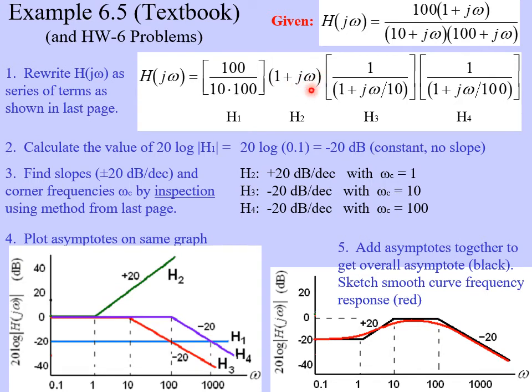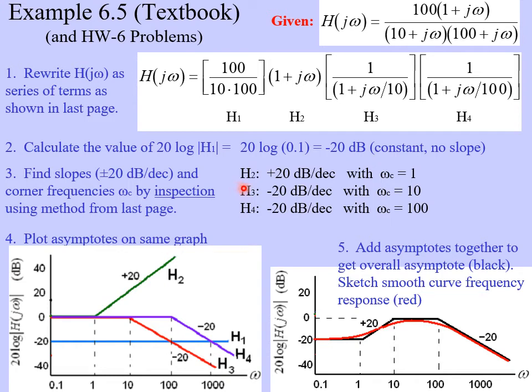You don't see that, but it's there. It tells us that there's a corner frequency at 1. And since this is not in a fraction, we have a slope of plus 20 decibels per decade. So H2 is shown here in green. We start at 0, we go straight across till we get to the corner frequency, which we just determined was 1 radian per second, and then we go up by 20 decibels per decade.